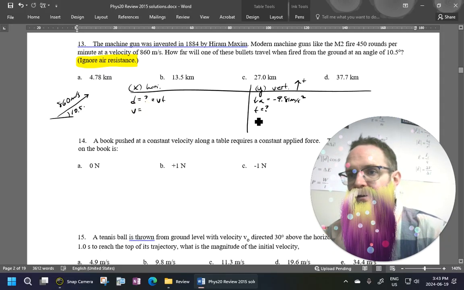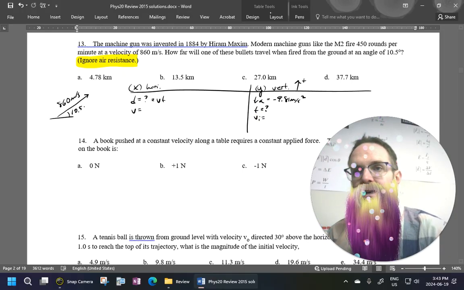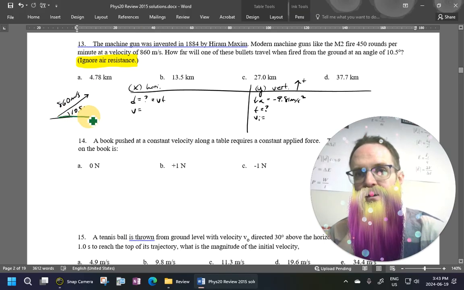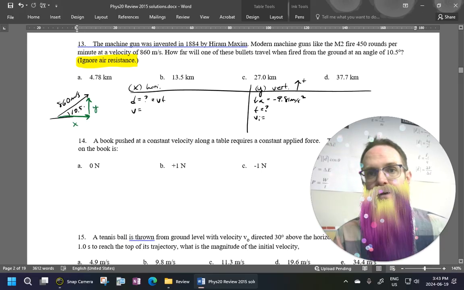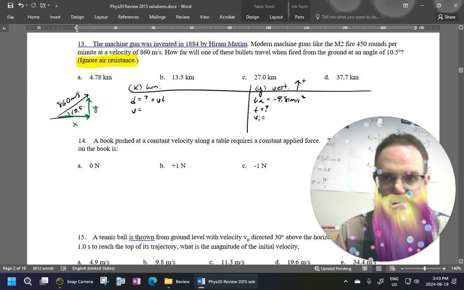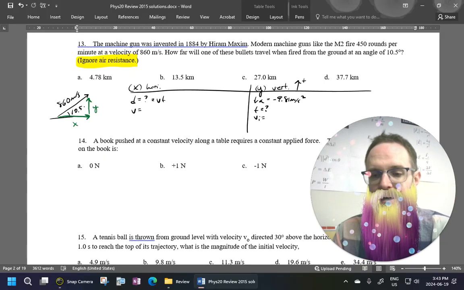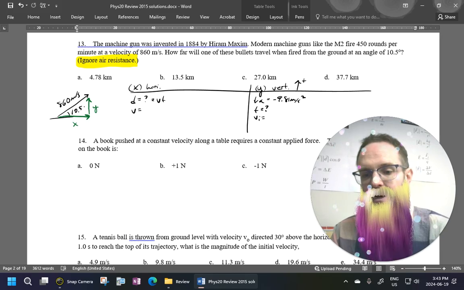We have the v, we have the vi here. The vi is just part of this triangle, right? So if I go over to this triangle, and I draw the components, the x and the y components, of this velocity. This 860 doesn't belong in this chart, so remember that. So remember, to figure out what the velocities are for the chart, we have to determine the components. So I have to go sine 10.5 times my hypotenuse.